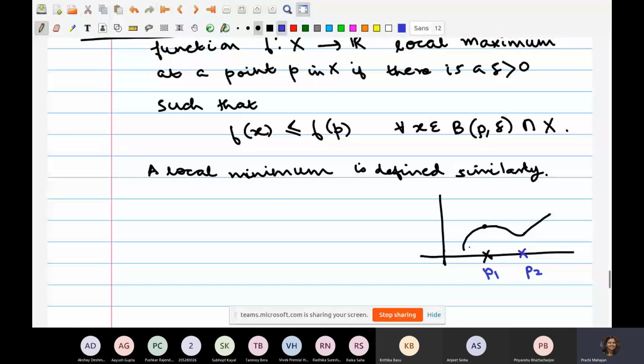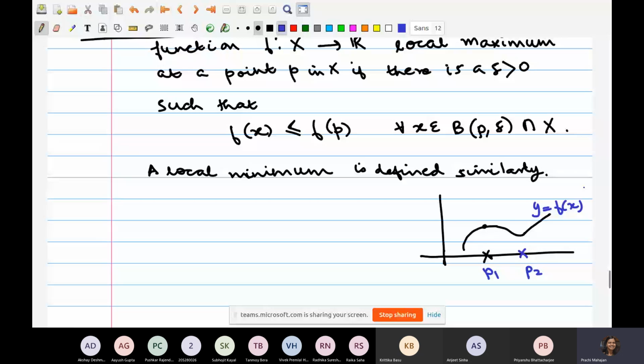To my mind, f has a local maximum at the point P1 and a local minimum at the point P2. Is that correct? Is this okay? Yes, ma'am. All right.